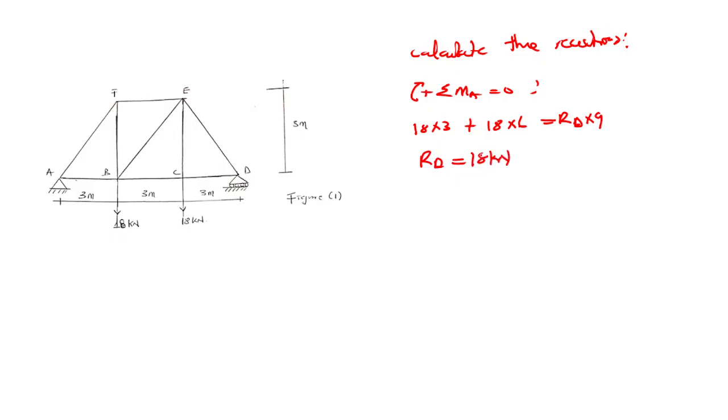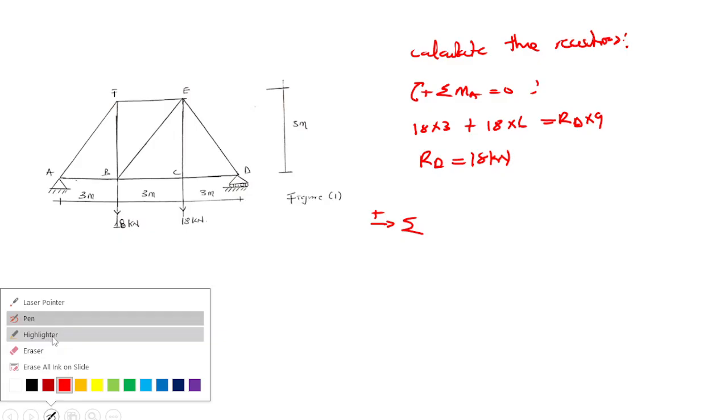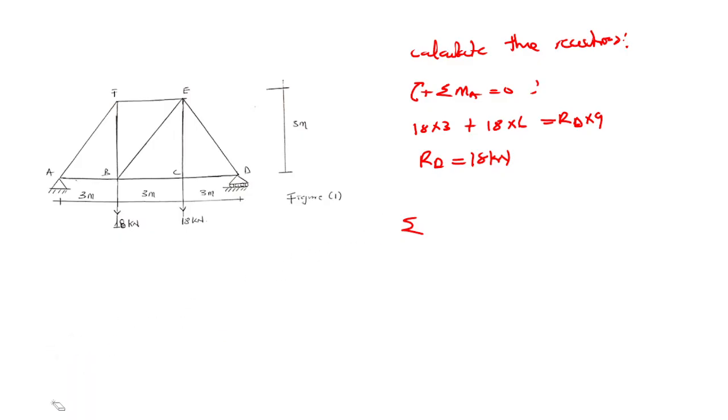So if we take the summation of forces in the vertical direction, not horizontal, it's vertical, Fy equals 0. So we have 18 equals FFA.